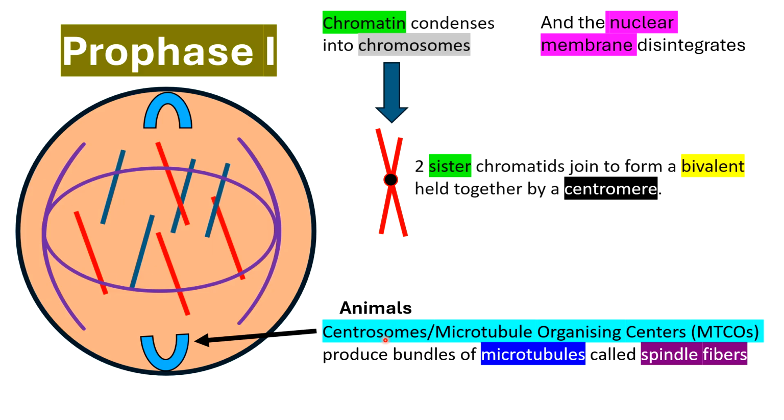Centrosomes are for animal cells, and plants involve microtubule organizing centers, or MTOCs, and these both have the same function, which is producing the bundles of microtubules called spindle fibers. Have in mind that centrosomes contain something called centrioles.